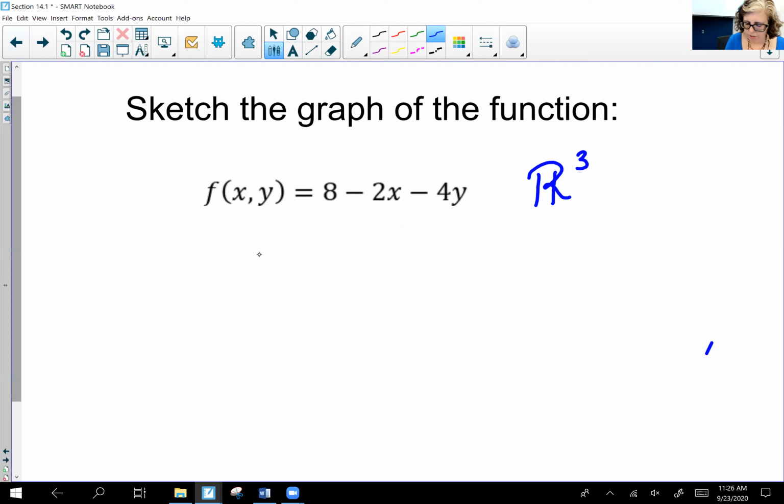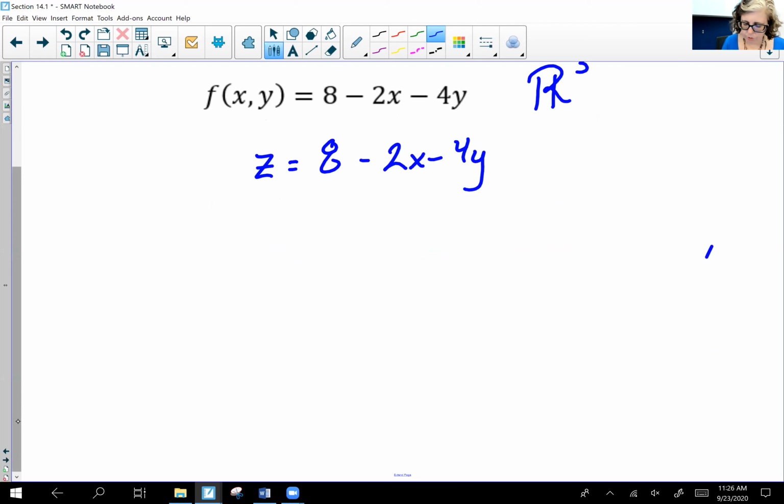Now, I did this on the very first slide. You can think of this as your dependent variable. We can think of that as just being z. All right. And so what happens with this? Well, I'm an intercept graphing type of person.